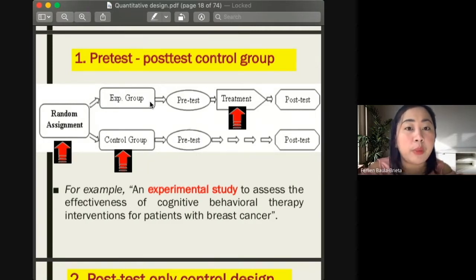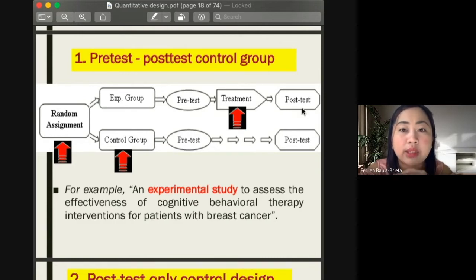For our experimental group, we can add the treatment. The treatment can be our plant extract, or it can be our standard of care, the medicine that we are going to use to compare our experimental group with the standard of care. And then for the control group, it has no treatment to be received.